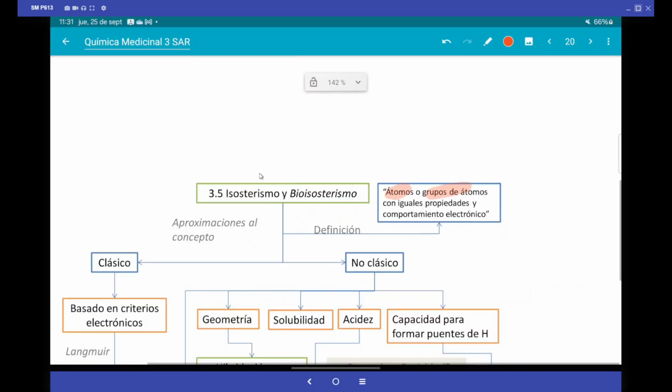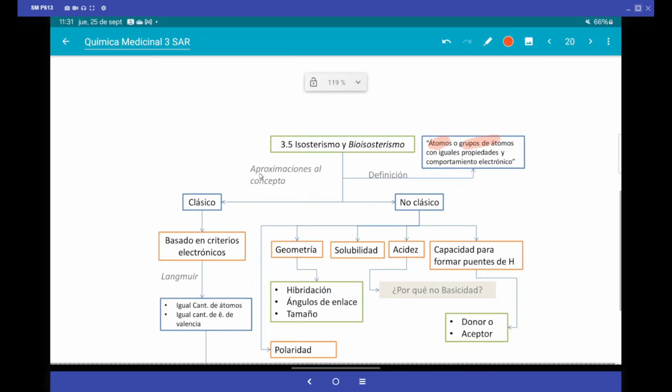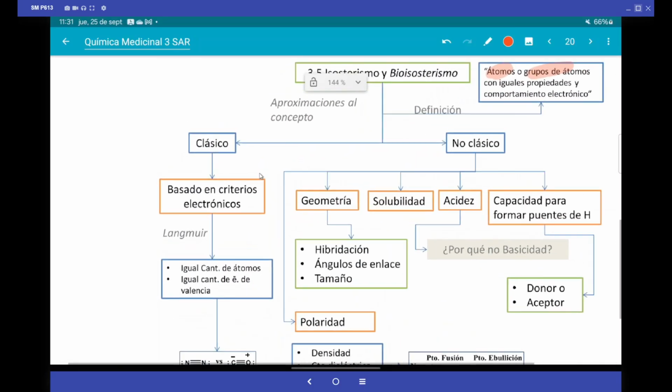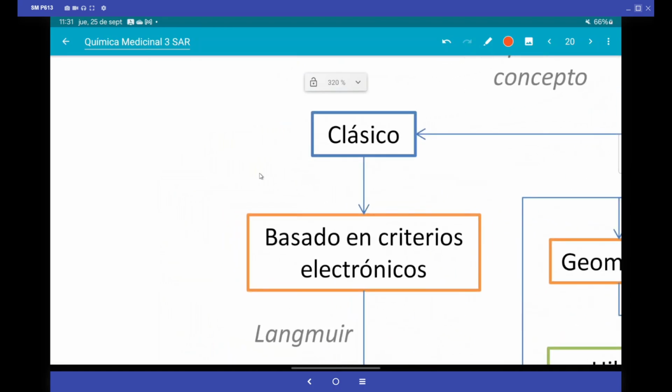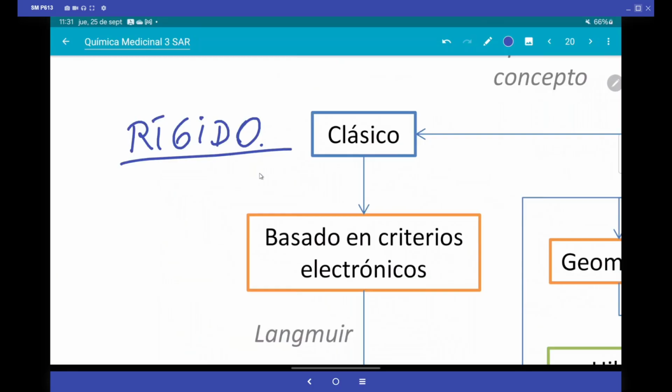We are going to approach first by the classic criterion, which is a rigid criterion. The concept of classic isosterism is a non-pharmacological concept. It has nothing to do with the design of drugs.